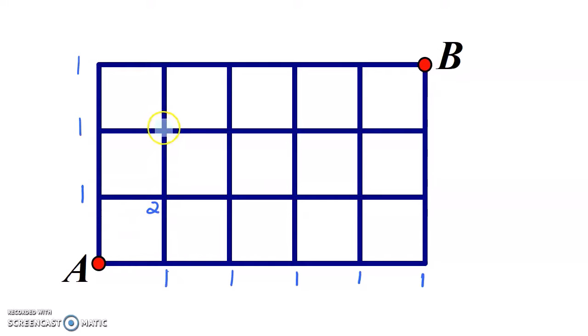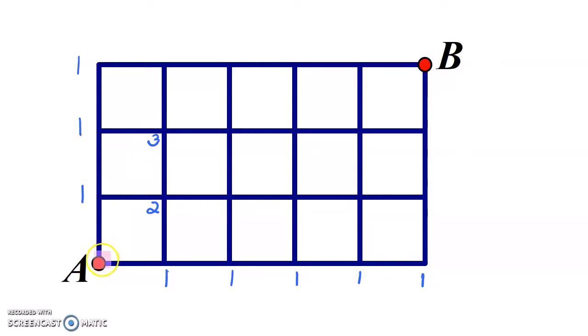If the bug wanted to get to this point, it could go this path. It could go the orange path, or it could go the pink path. So we'd have 3 different ways to get to that point. 1 plus 2 is 3.